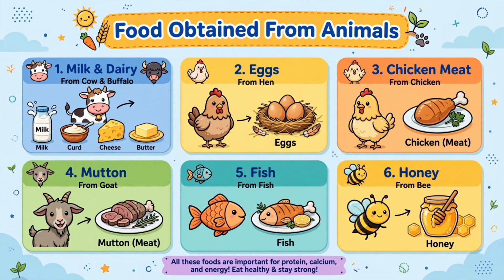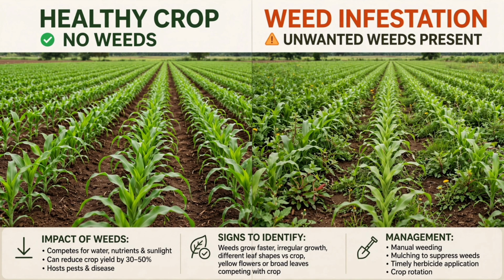Third, agricultural practices include soil preparation, sowing, manuring, irrigation, weeding, harvesting and storage. Manures improve soil naturally, while fertilizers provide nutrients quickly, but they are harmful in the long run. And one point, irrigation supplies water to crops.